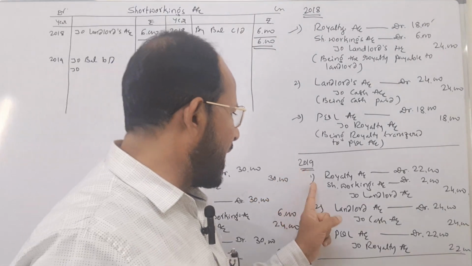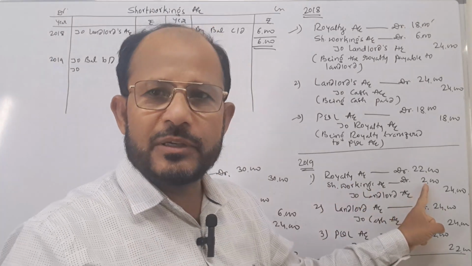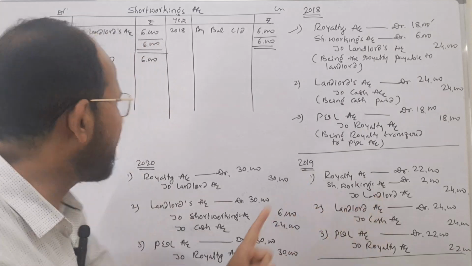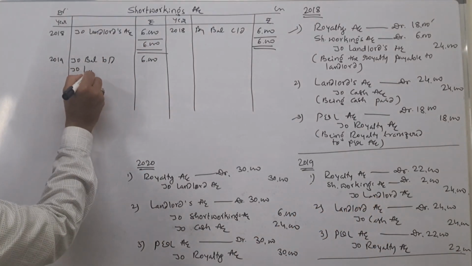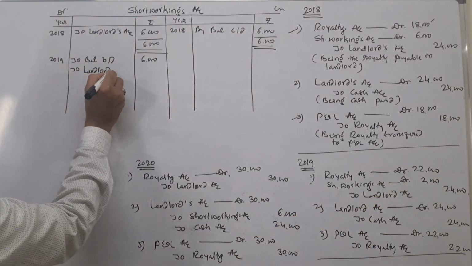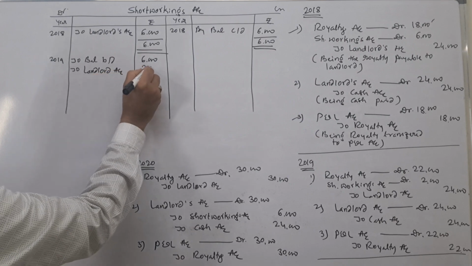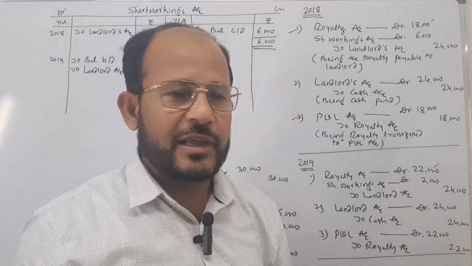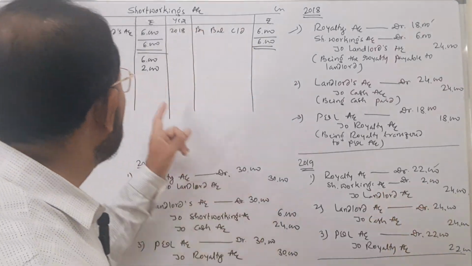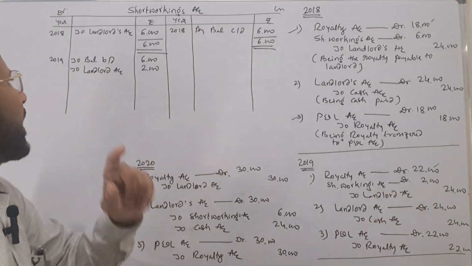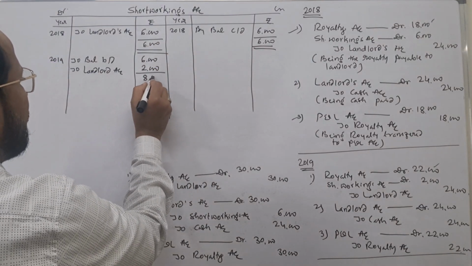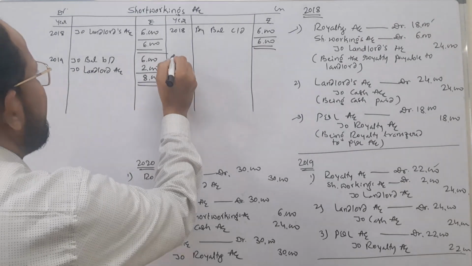Now you enter the entries of the year 2019. In the year 2019, again short working is there, rupees how much? 2,000. Therefore short workings account is debited to landlord account. Again I am writing here to landlord account. To landlord account, rupees how much? Only 2,000 we have to take, because in the royalty account 22,000 has already been taken, and 2,000 we have to take in the short workings account. Again in the second year we have to close the account in the same style.